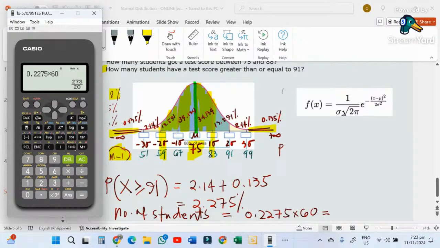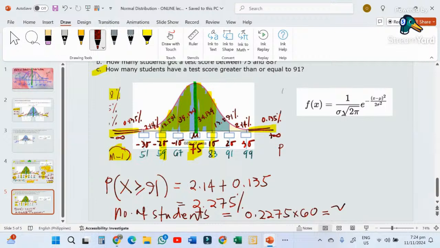Oh, no. That's wrong. Sorry. You're going to move the decimal twice. 0.02275 times 60. So that would be 1.365, or let's say approximately 2, because 0.36 is already near half. So there are almost 2 students who got a score of 91 and above.